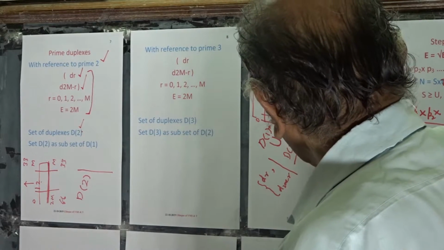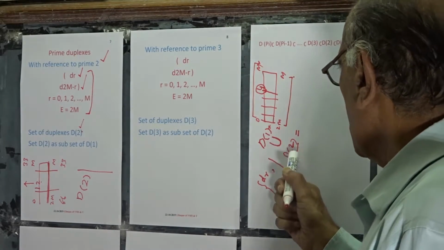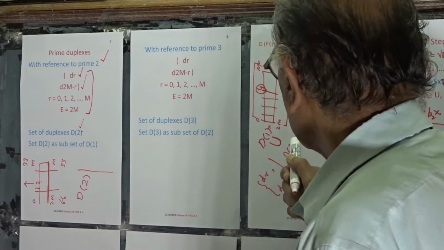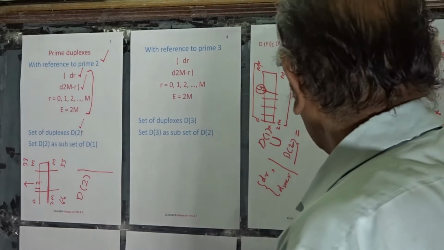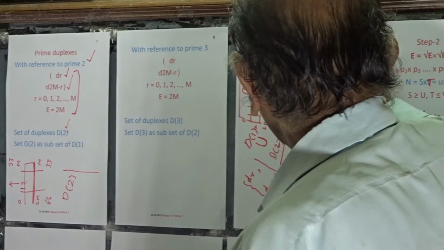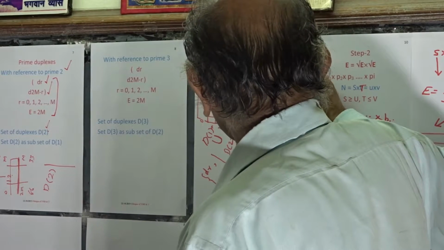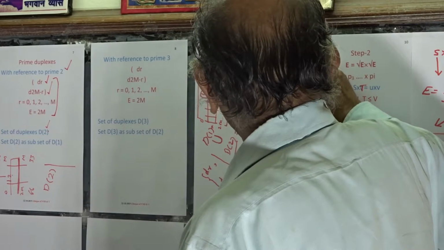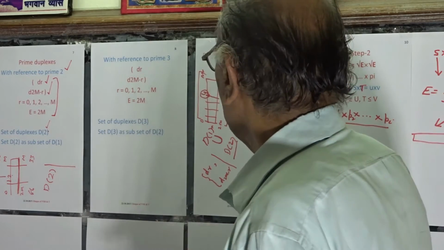So D2 is going to be the set of prime duplexes with reference to 2. D2 is going to be a subset of D1. Like that, sequentially, we reach from D1 to D2. So from D2 we can reach D3, meaning all those duplexes of D2 such that dr and d2m minus r are not having 3 as a factor.